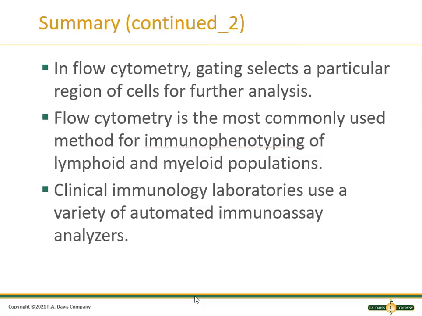So it tells us what particular cells we're looking at so it can enumerate them better. Flow cytometry is very important for immunophenotyping of lymphoid and myeloid populations, looking at the CD markers. They have the monoclonal antibody with the fluorochrome looking for that particular CD marker, run it through a flow cytometer, and you can enumerate how many of that CD marker are present.